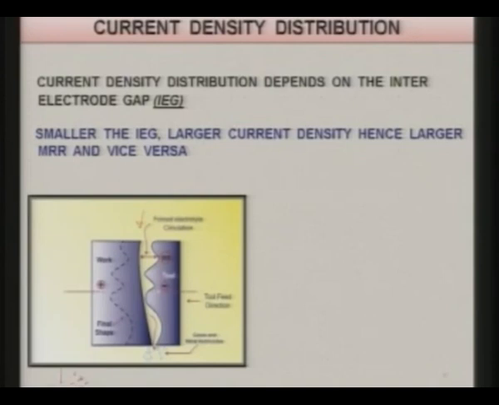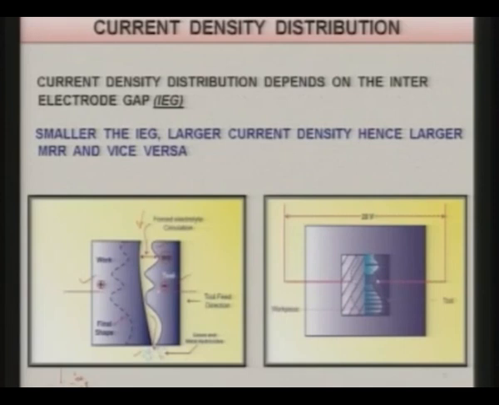This is the shape of the tool, and after complete machining this is going to be the shape of the workpiece. The workpiece is connected to the positive terminal, so it becomes the anode, and the tool is connected to the negative terminal, so it becomes the cathode. Here you can see the gases which are evolved during the process and metal hydroxides coming out from the inter electrode gap.